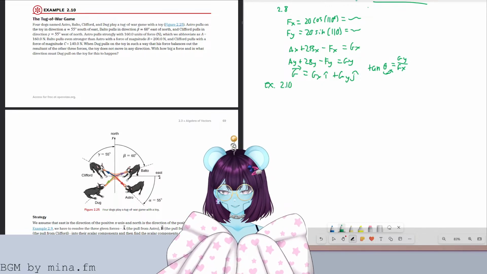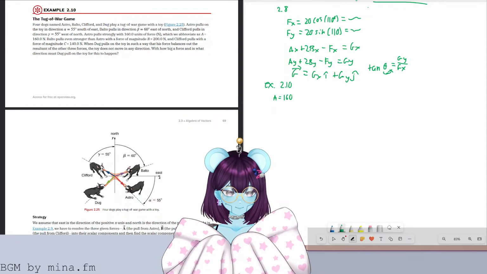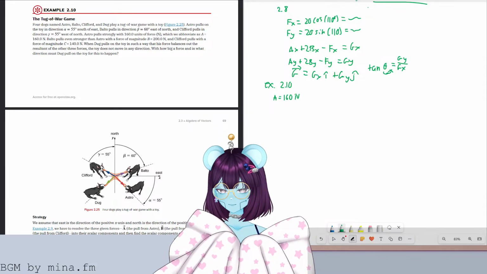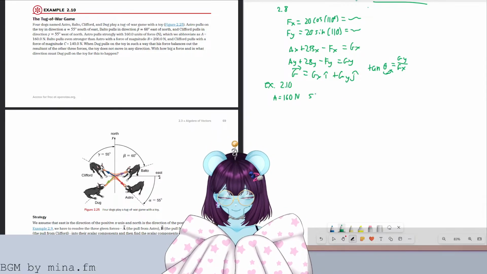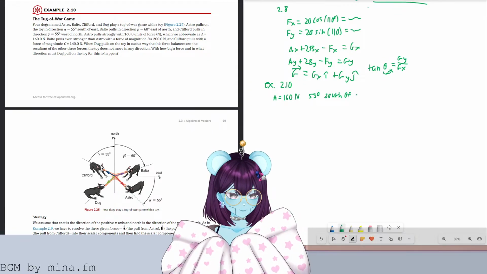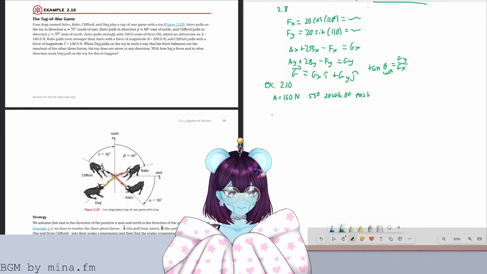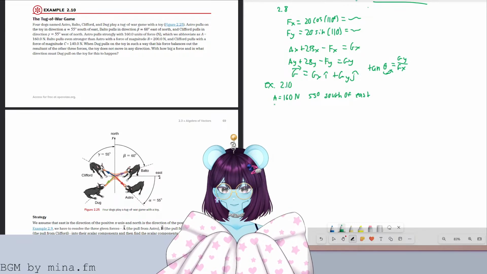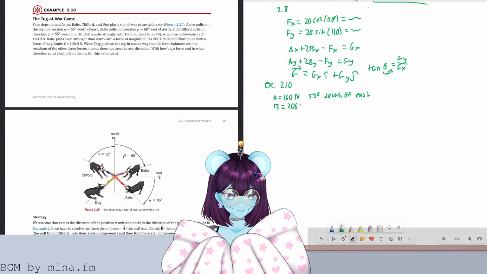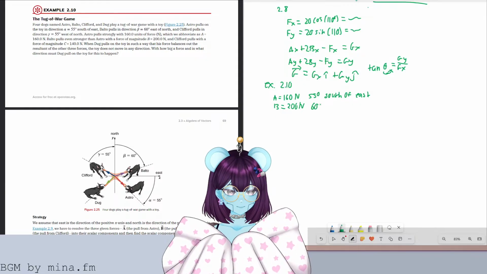So, let's write out Astro, so we'll just use A. 160 newtons, and 55 degrees south of east. And then we've got Balto, 200 N with 60 degrees east of north.